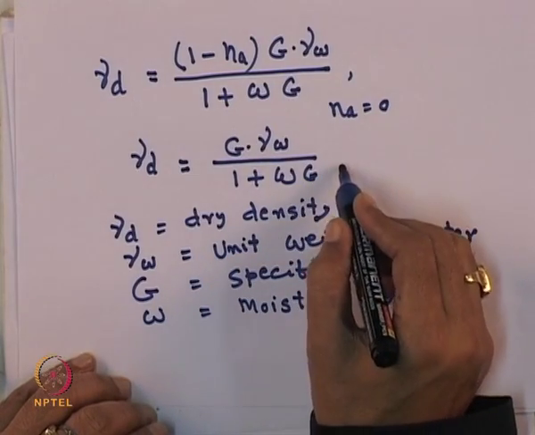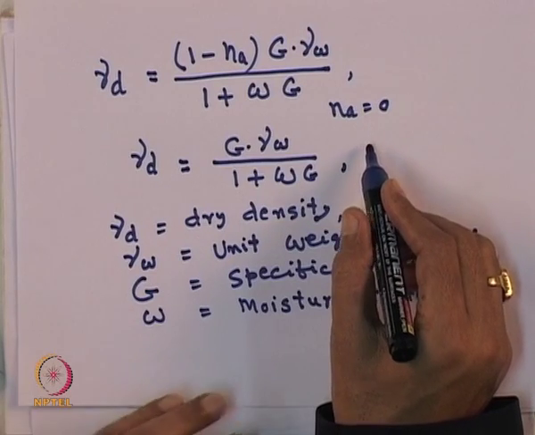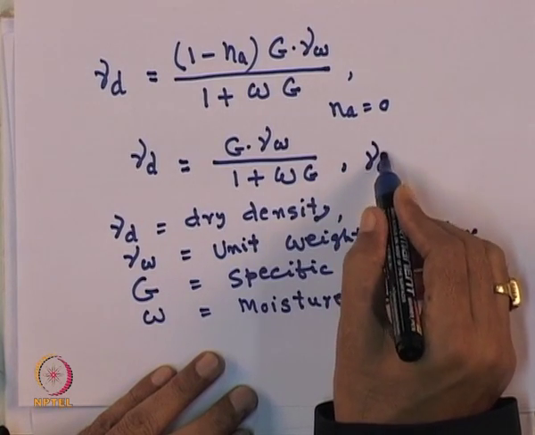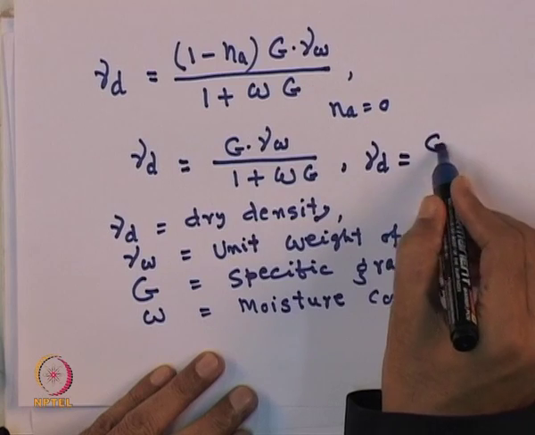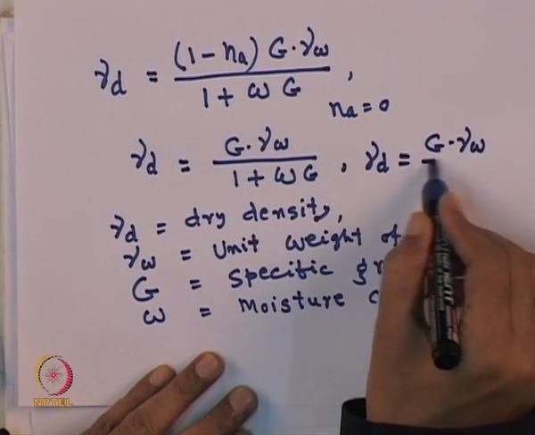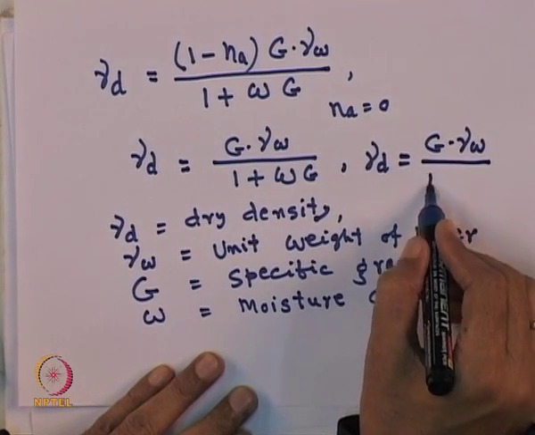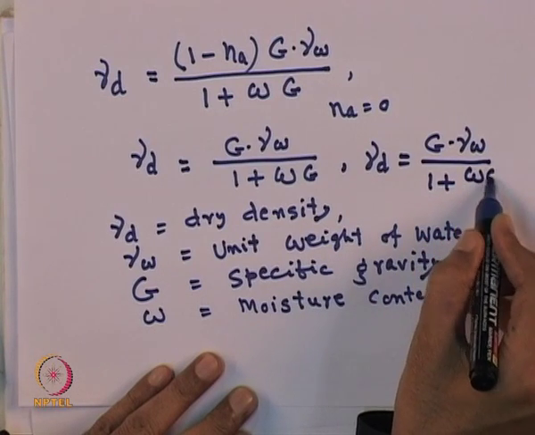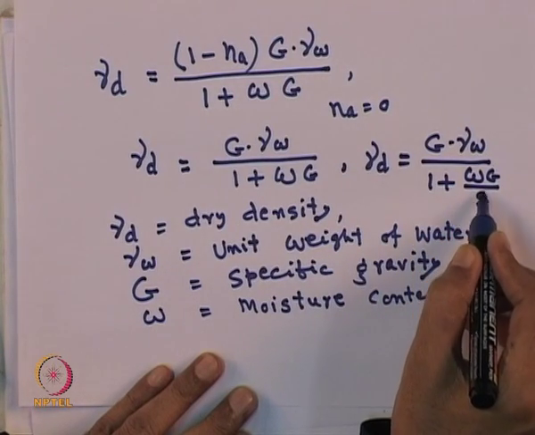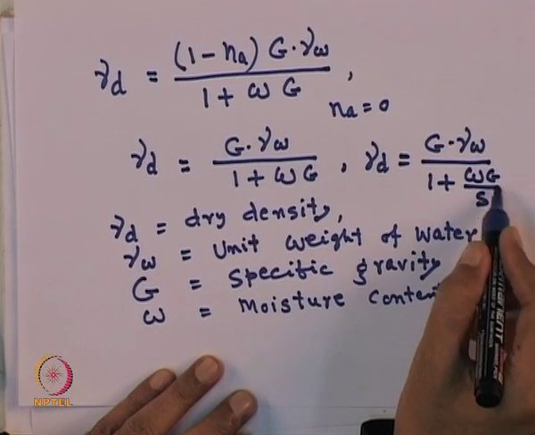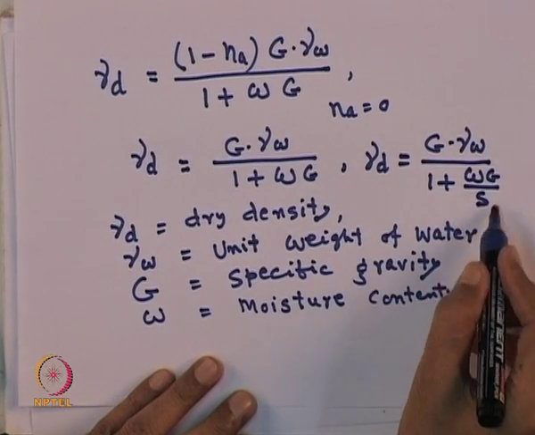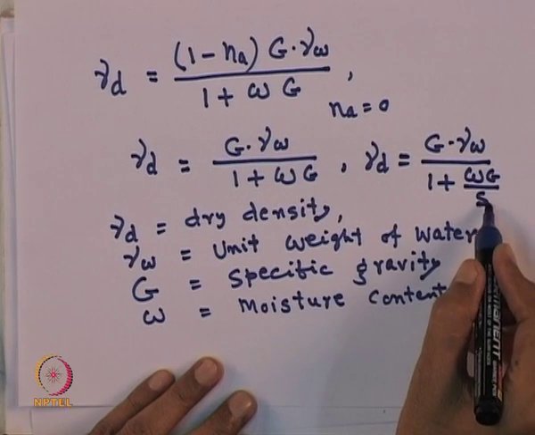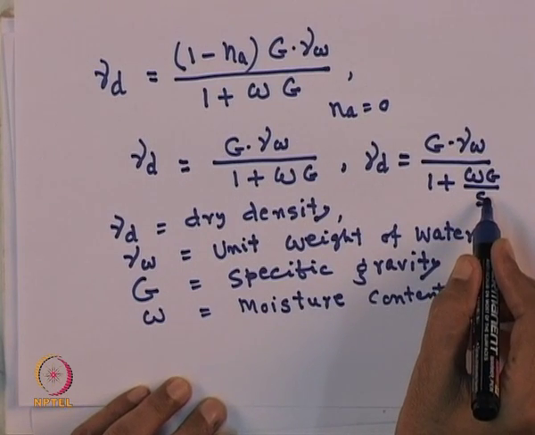But this you can also write as gamma d is equal to G into gamma w divided by 1 plus w G by S, where S is the degree of saturation. If it is 100% degree of saturation, then the S value will be 1.